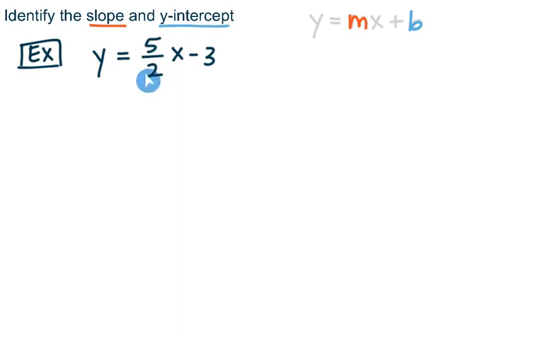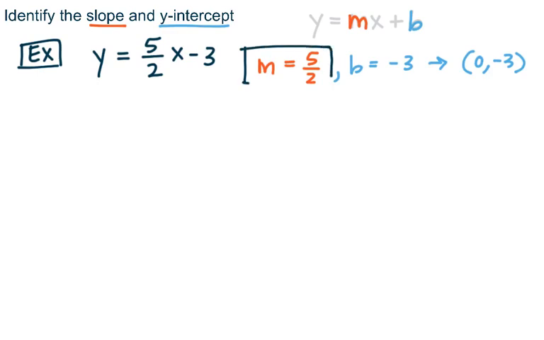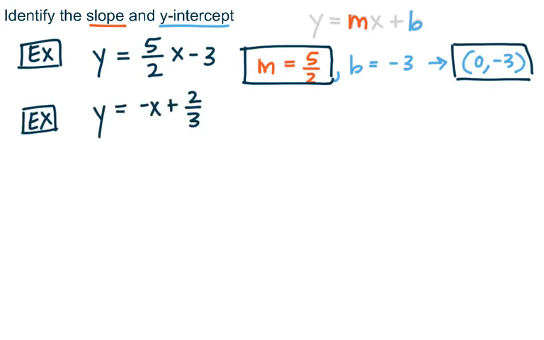So m is the coefficient of x. For this first example, m, my slope, is 5/2, and my b value is -3, which gives me a y-intercept of 0, -3, because a y-intercept is a point where we are crossing the y-axis, and x will always be 0 at that y-intercept. So given a line, we can identify both the slope and y-intercept.